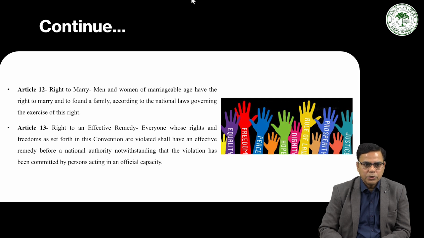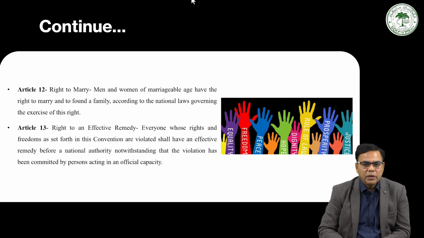There should not be any kind of restriction. But at the same time, it doesn't mean that ideas that are dangerous, ideas inciting violence, can be allowed. So some reasonable restrictions can be imposed if national security or morals or public order is in danger.